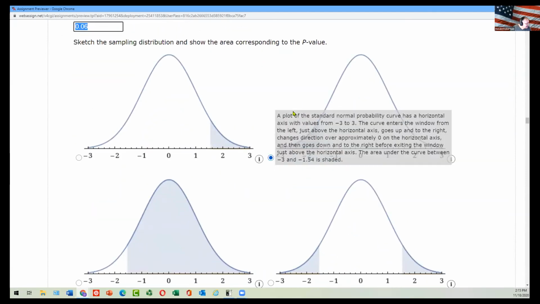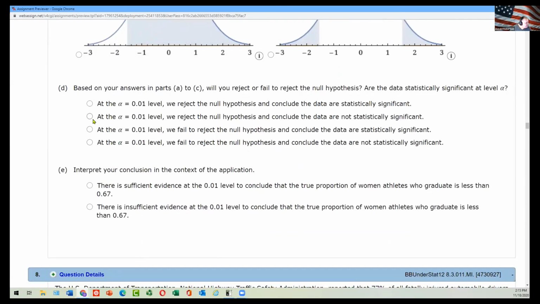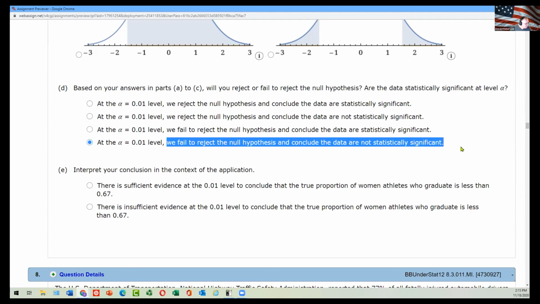No. And I know that means fail to reject, not significant, and insufficient evidence. That's a bit of a surprise to me. I would have thought that with a 55% pass rate, such a strongly different number, so much lower than 67, it would have ended up being statistically significant. But actually, it wasn't. Well, not at the 1% level, at least.